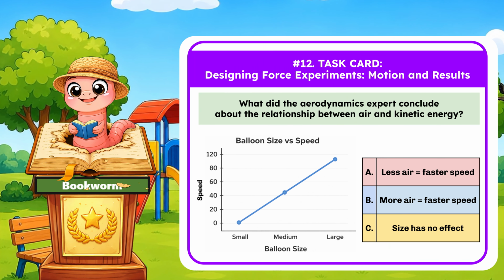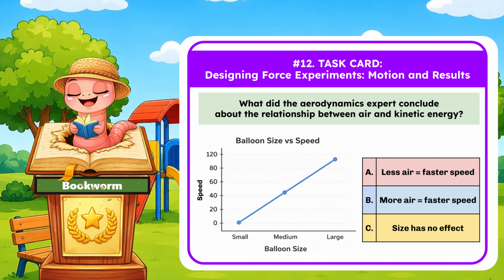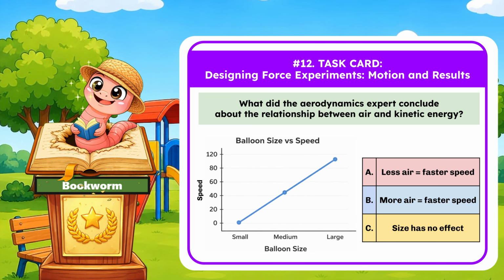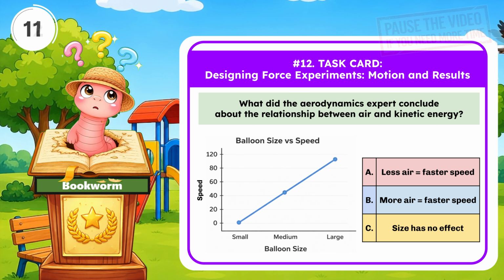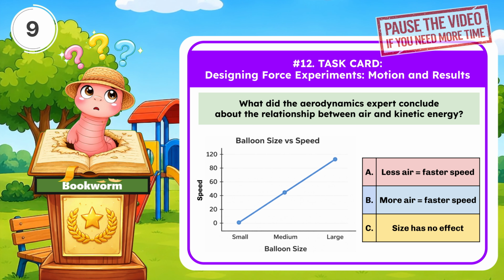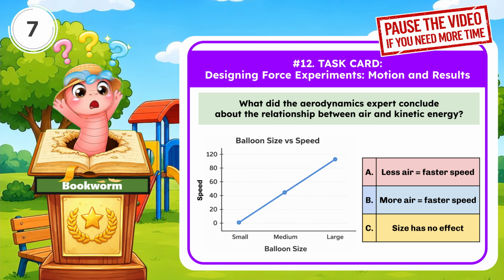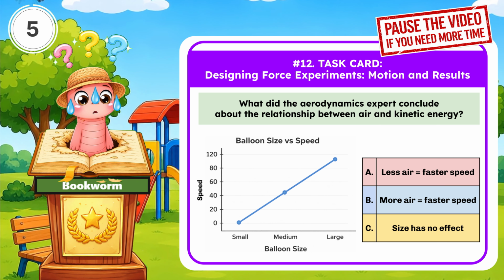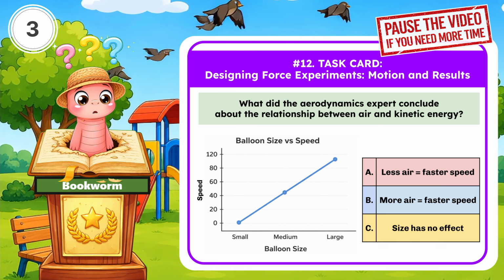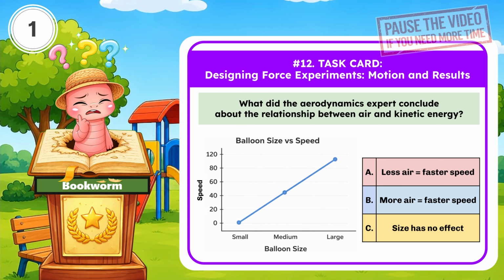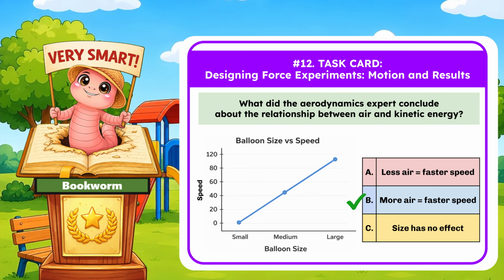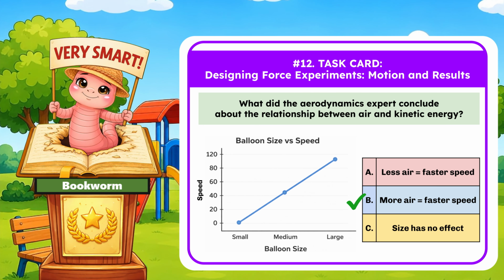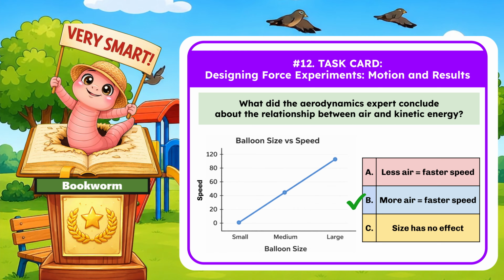What did the aerodynamics expert conclude about the relationship between air and kinetic energy? And the correct answer is letter B. More air equals faster speed.